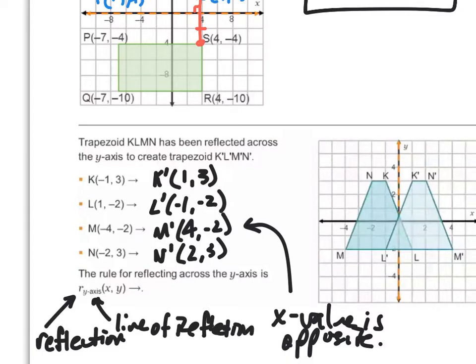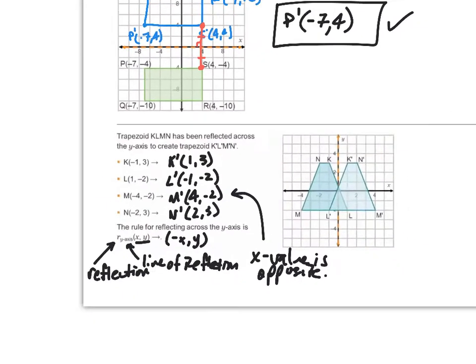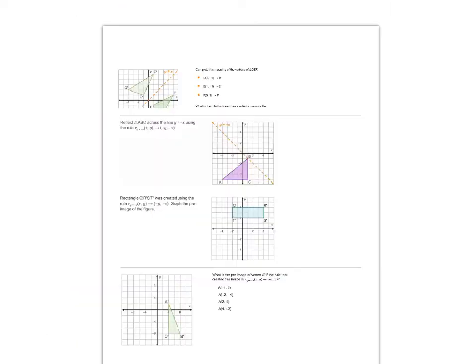Okay, this point here is your OG point, your pre-image, and then if we were to reflect that over, that's going to give us a rule of -x, comma, y. Okay, and this is our rule for reflecting things over the y-axis, and that's what we were doing here. Okay, now let's take a look at the next page.